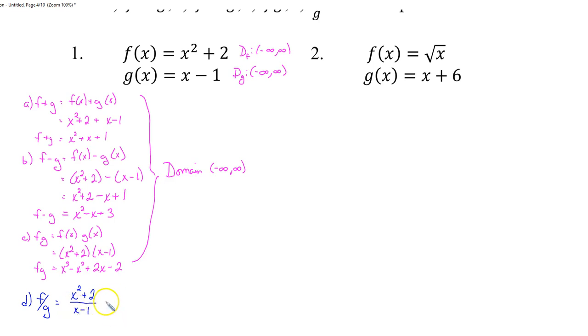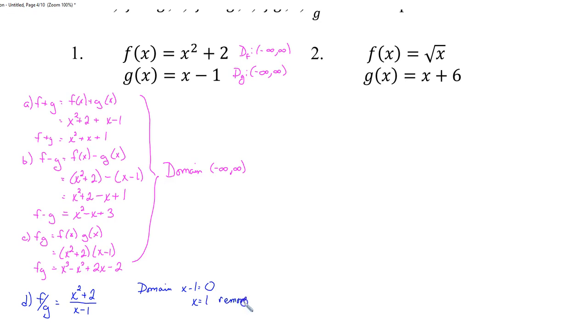We are done. Now, the domain we have to be a little bit more careful with because we have a variable in the denominator. If you remember when we talked about rational functions, for the domain of this function we have to find what makes the denominator 0. So we set x minus 1 equal to 0, and we find that x equal to 1 is a problem, and so we have to remove this value.